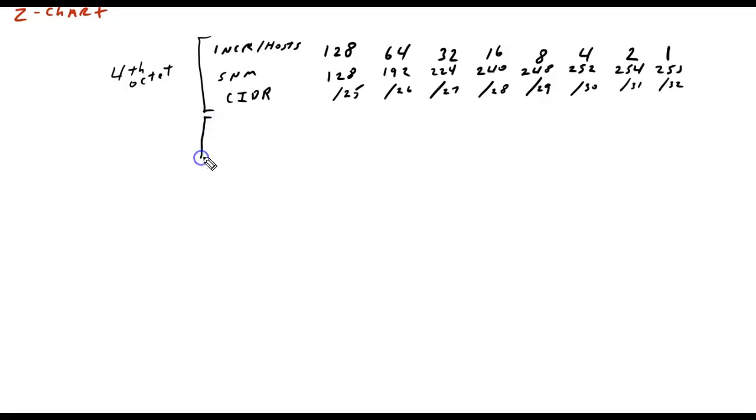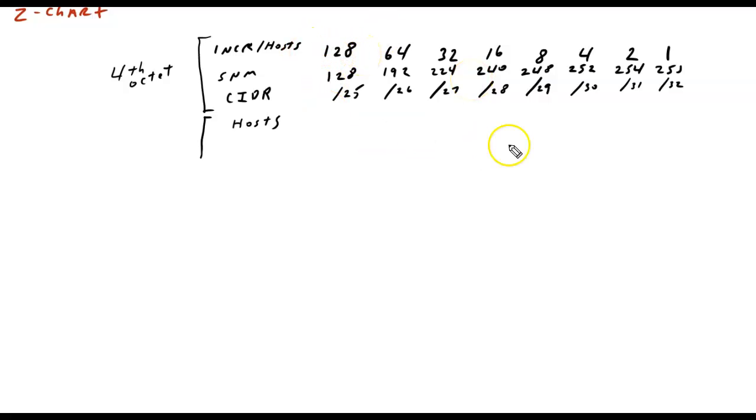There is also a chart I use for the 3rd octet. Now, for the 3rd octet, I'm not going to represent the increment. I'm only going to show the number of hosts. And the number of hosts actually increases from here.